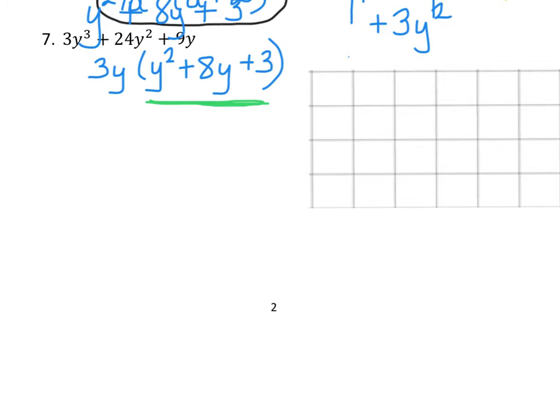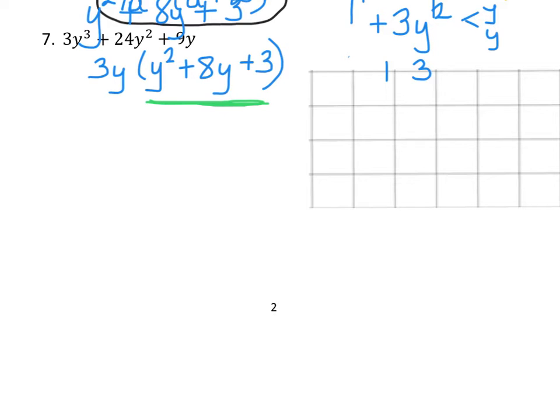First thing it tells me is that both of them are going to have a y, because y squared is y times y. So it's not really the y that I'm worried about finding factors of. That's pretty easy. It's the factors of 3. And the factors of 3 are 1 and 3. 2 doesn't go into 3, so it's not 2 times anything.